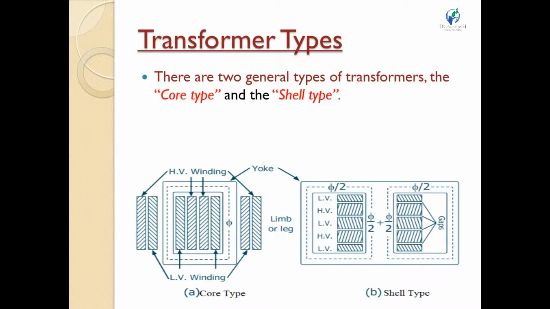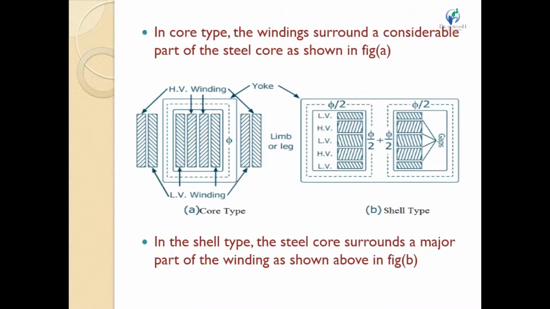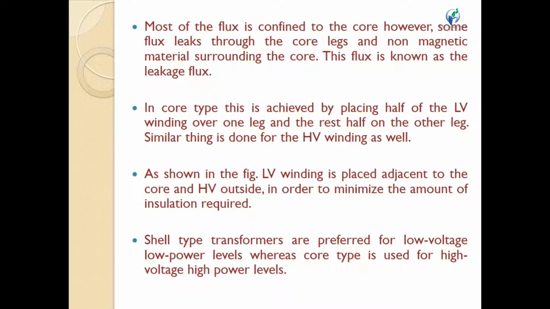Now we discuss the shell type transformer. In the shell type transformer, the windings are put around the central limb and the flux path is complicated through the side limbs, and they are shown in the previous slide figure.